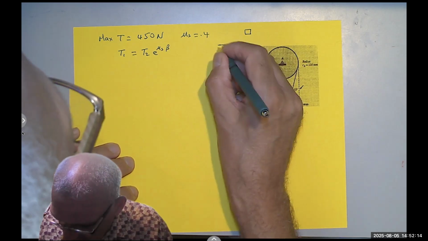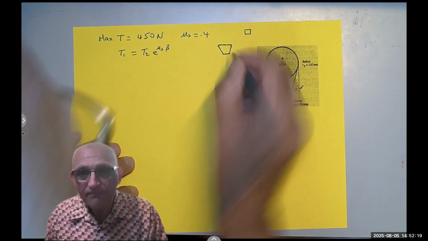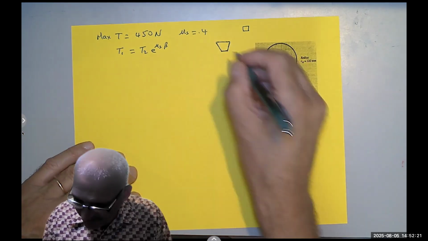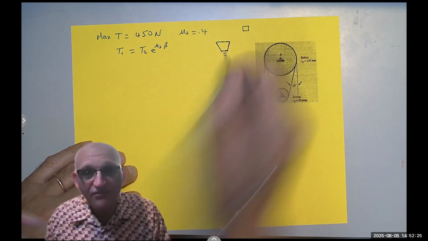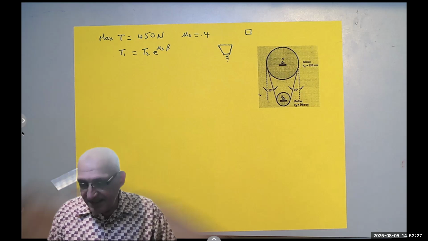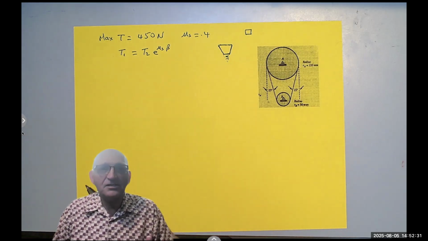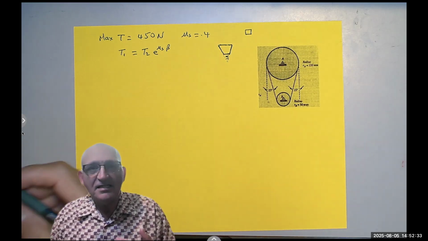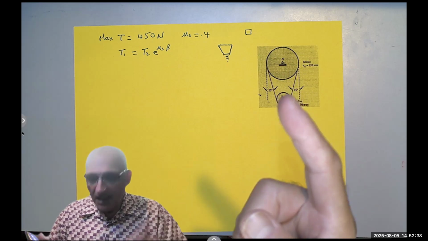I'm going to exaggerate and make it bigger. If you join and complete the letter V, you will get an angle alpha here. These belts can withstand higher tension. Basically, they can develop higher torque, so to speak.